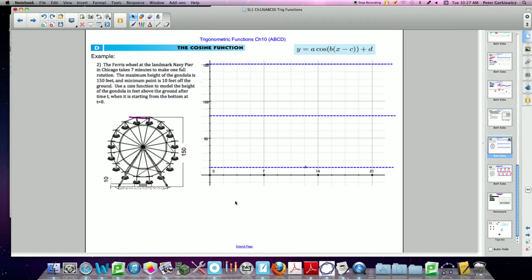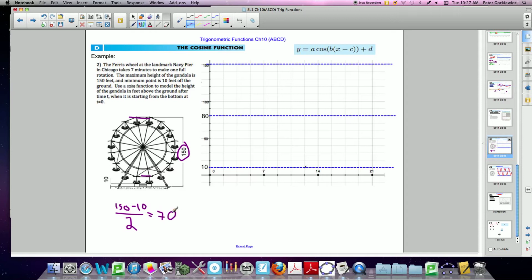So I know my minimum is at 10. I know my max is here at 150. So this equilibrium point has got to be 80, right? So I just said, all right, 150 minus 10, and that gave me 140, and then I divided it by 2, and that gave me my amplitude of 70, right?